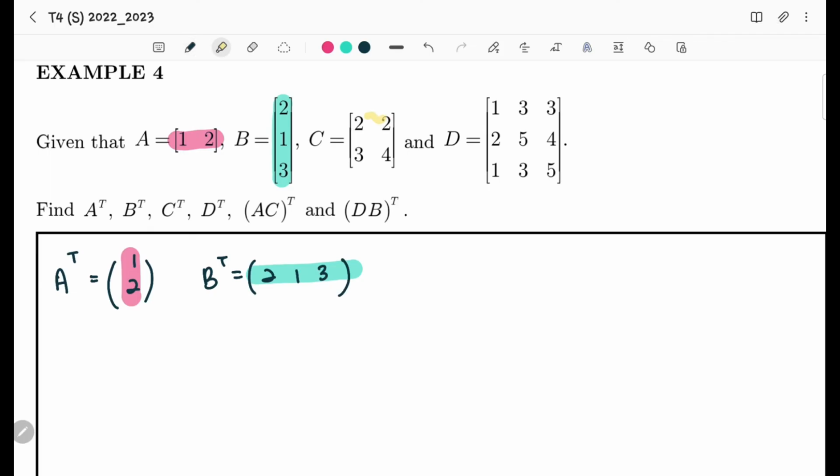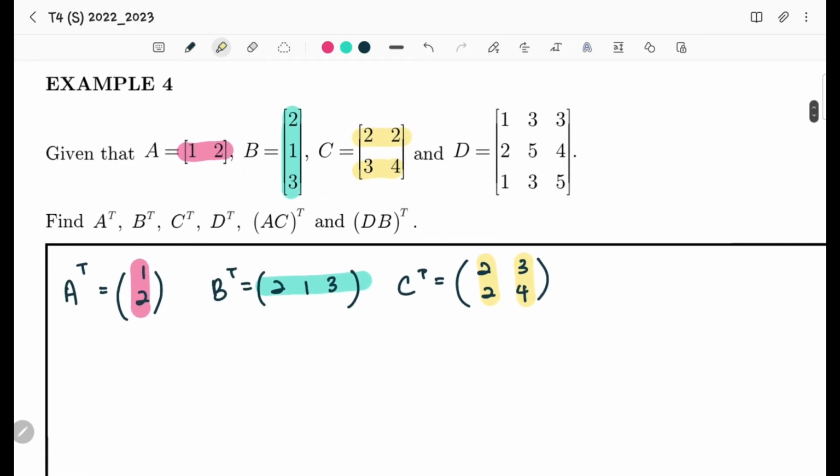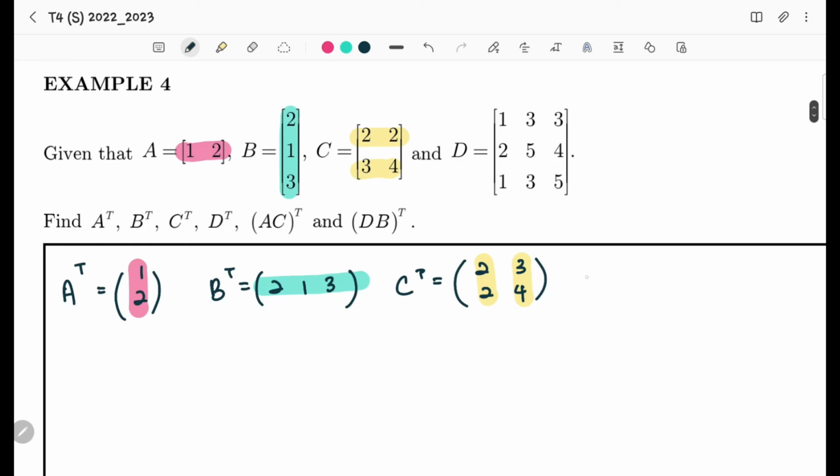For C, you have 2, 2, 3, 4, so C transpose will be 2, 2, 3, 4. Then lastly, D transpose will be 1, 3, 3, 2, 5, 4, 1, 3, 5.